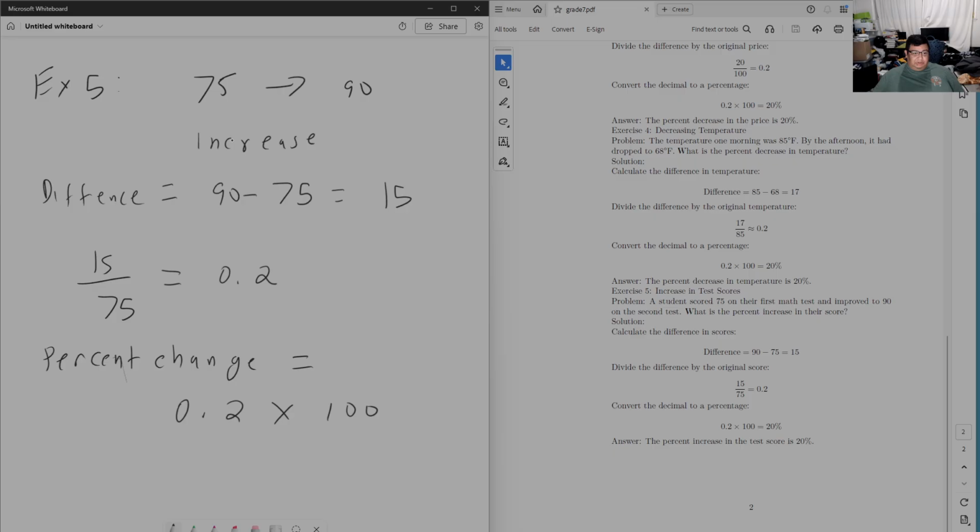So we move it 2 places to the right, so 1, 2. So that's going to be equal to 20%. So the scores are increasing by 20%. So that's our answer, 20%. And of course we're doing an increase.